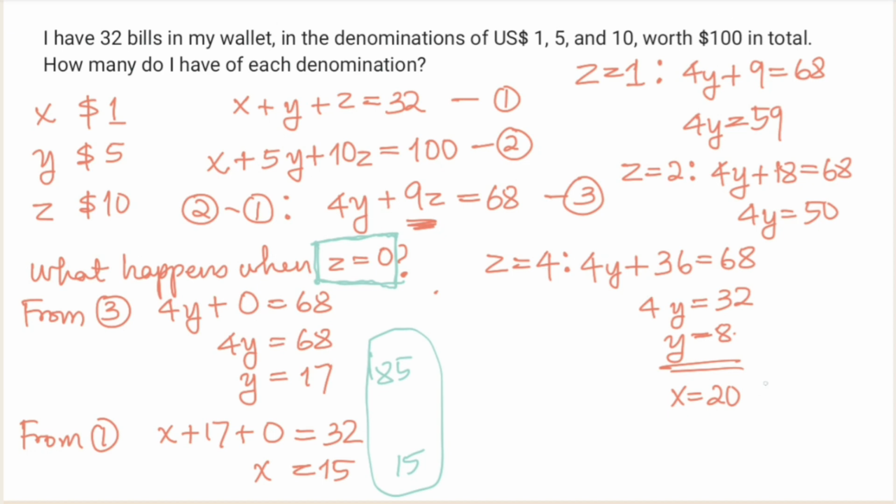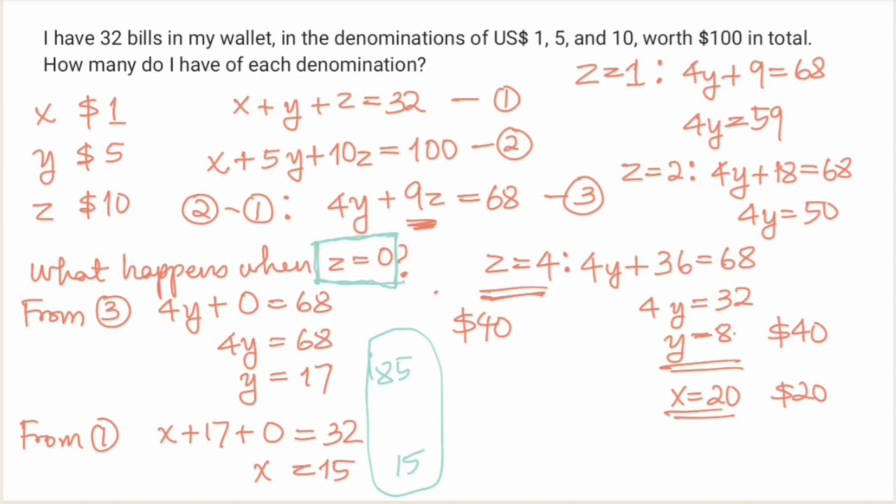So x is 20, so 20 times 1, that's $20. Then 8 times 5, that's $40. And then z equals 4, that's 4 times 10, is also $40. So 40, 40, 20, yes, that's $100. So that gives us a solution: 20 $1 bills, 8 $5 bills, and 4 $10 bills.